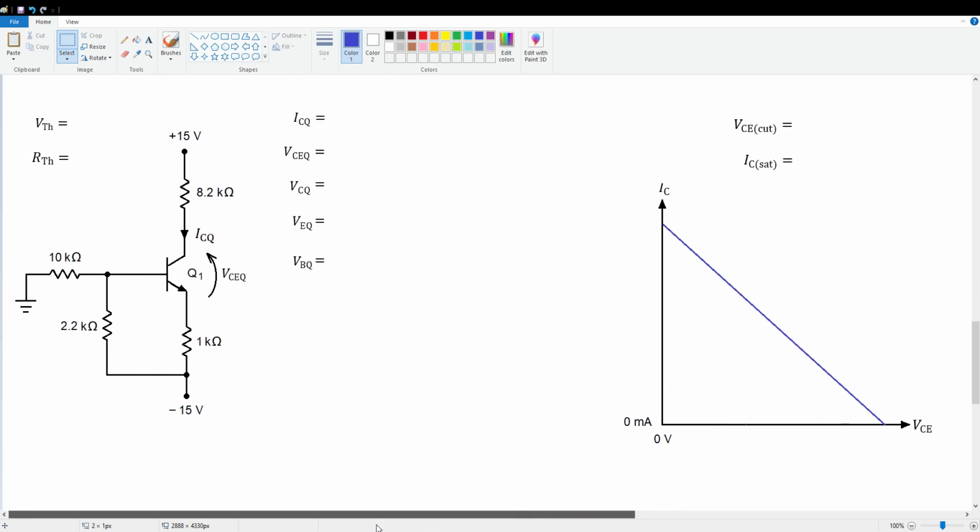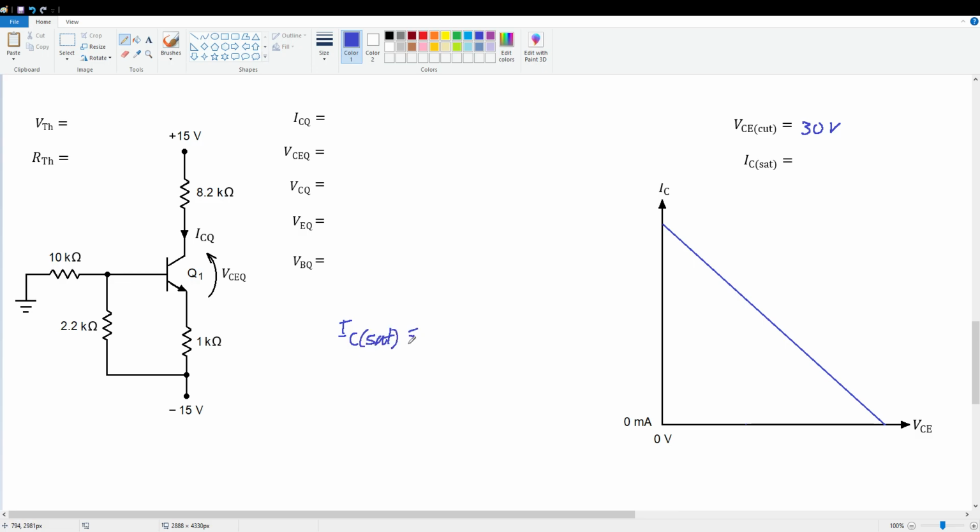And here's our circuit. All right, let's start off by finding our cutoff and saturation values, okay? VCE cutoff is simply the sum of the supply rails, which is 15 and 15, again, 30 volts. IC sat, well, I'll write it down.